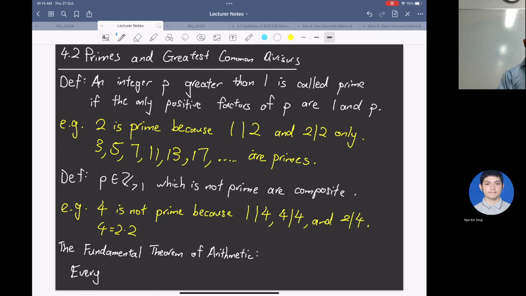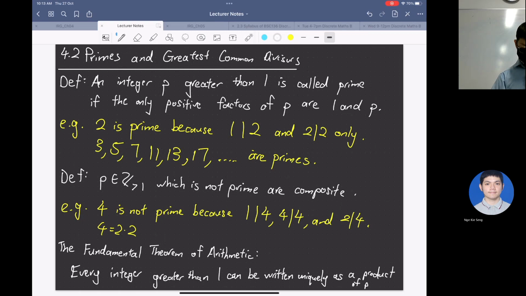Every integer greater than 1 can be written uniquely as a product of primes, up to order.